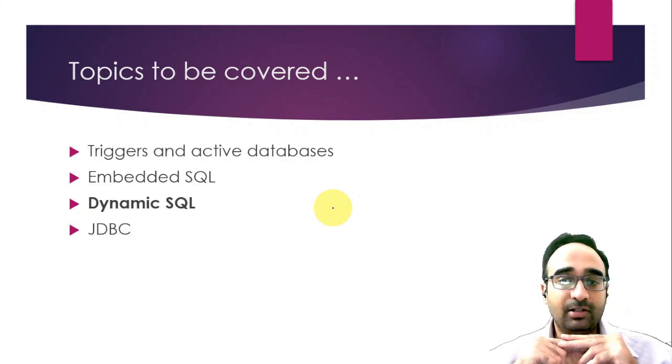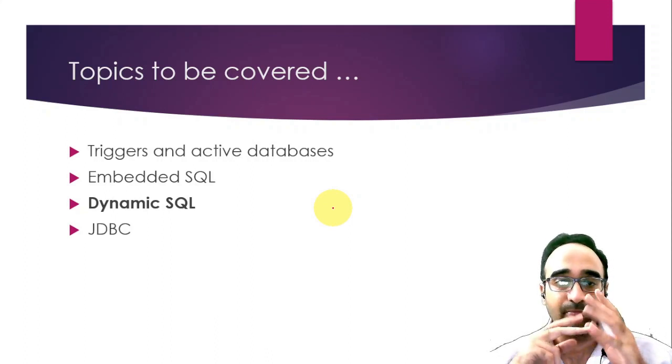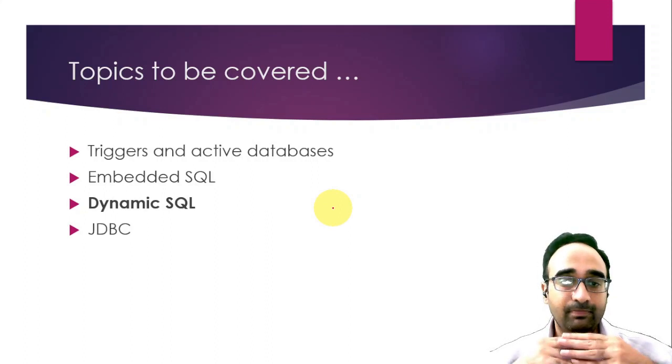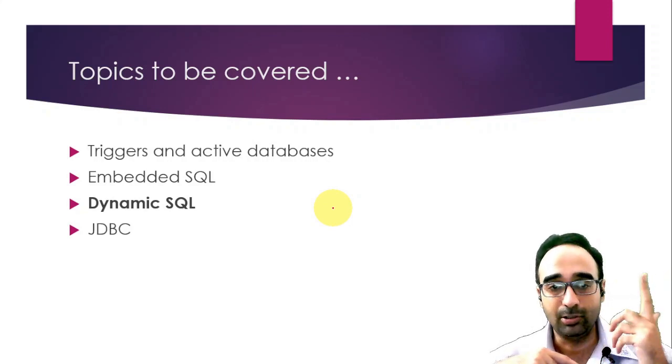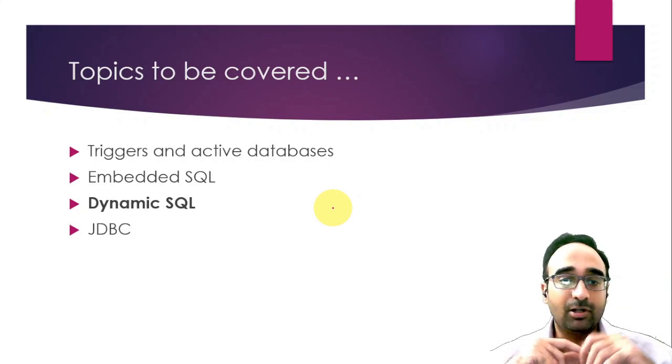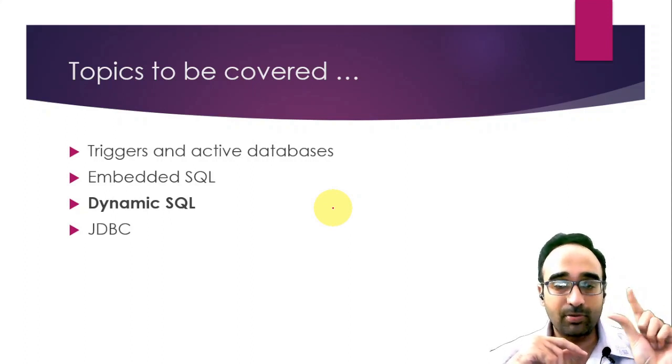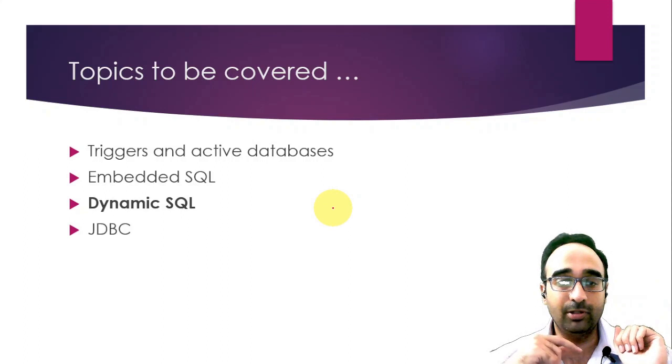Now, after creating the application and the web page which displays the data from the database, who is going to use the web application? Your web application is going to be used by a user, not you. And the user has to select some option from the drop down menu.